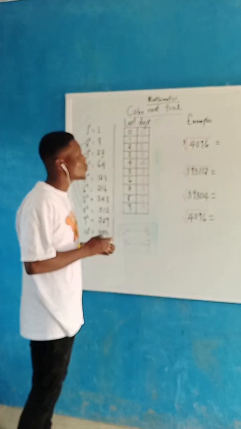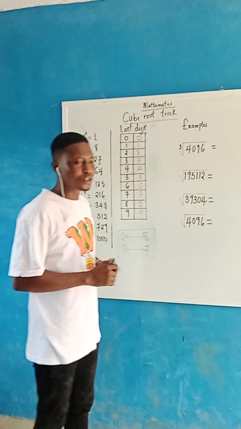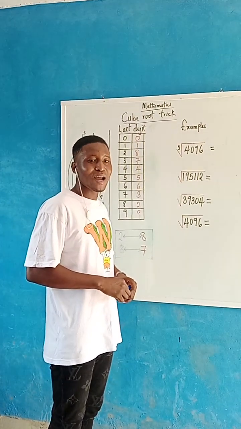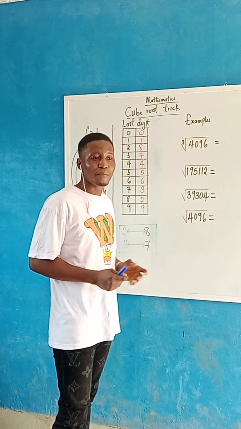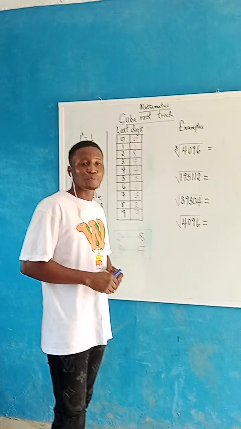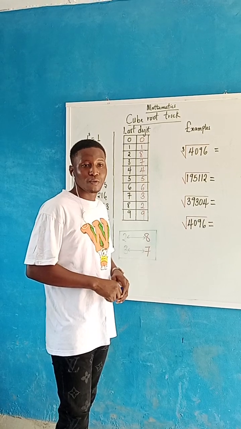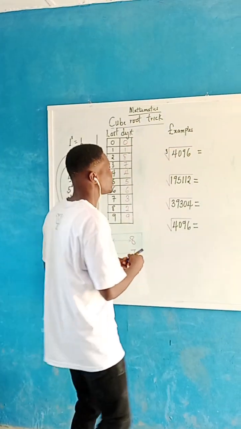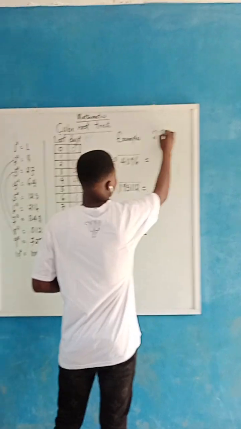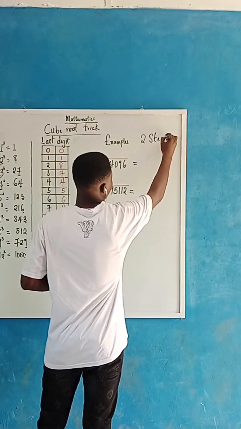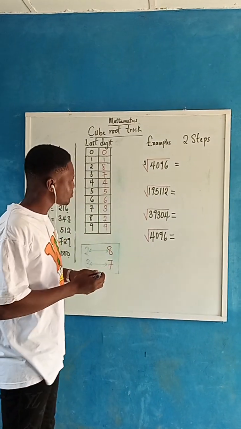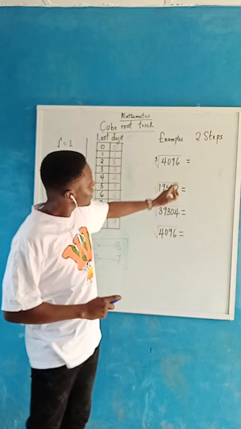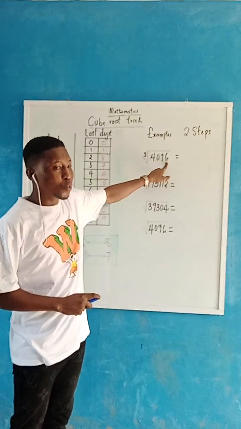So let us look at a few examples and how we can use the trick to find the cube roots of these numbers on the board. You know, when we did square root of numbers, I explained 3 steps to you. But today, for the cube root trick, we'll be using just 2 steps. Now let us look at the last digit number here, which is 6.